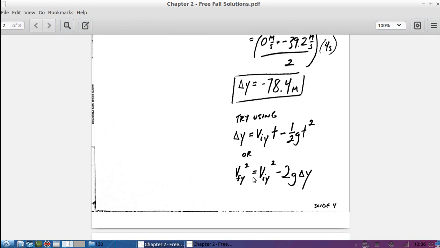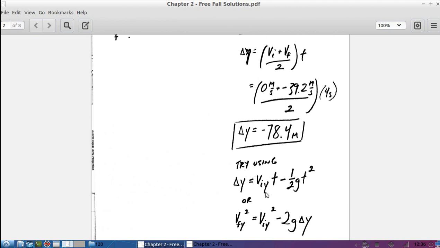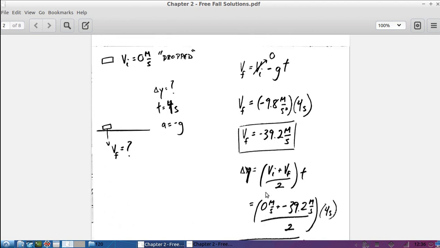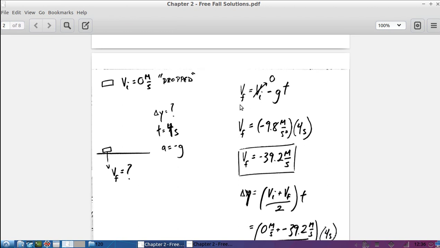So these are how I modified the other two kinematics equations. Everywhere I see a delta x, I replaced it with a delta y, because it's a vertical displacement. I gave my velocity term some y subscripts. I mentioned how good of a habit that is, and I look up here and I forgot it myself.